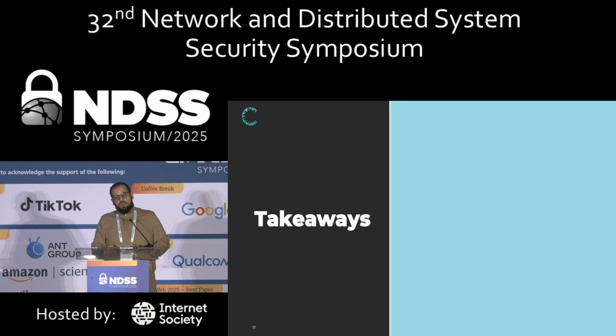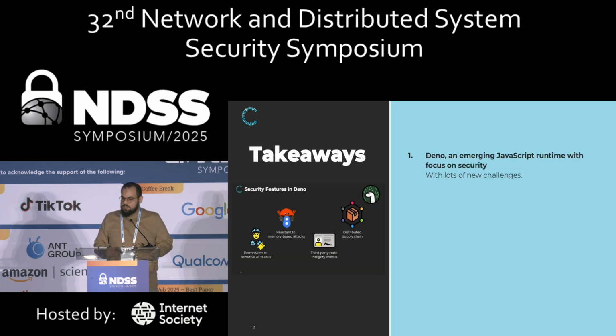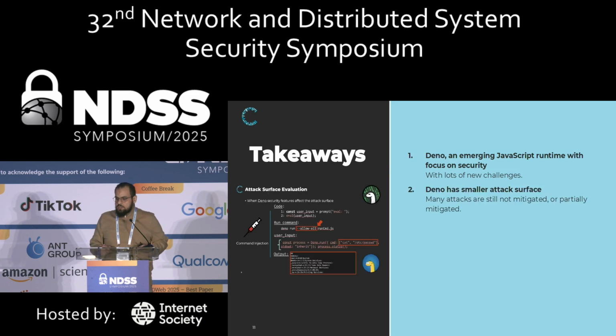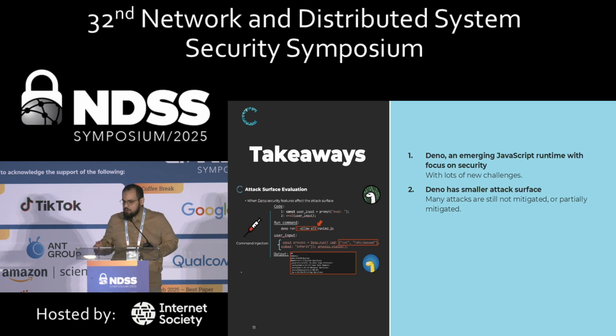Our takeaways end up with Deno being an emerging JavaScript runtime with a focus on security, but it still has these challenges. Deno for sure has a smaller attack surface, but many attacks could be mitigated in a better way, and maybe they have to investigate more about it.